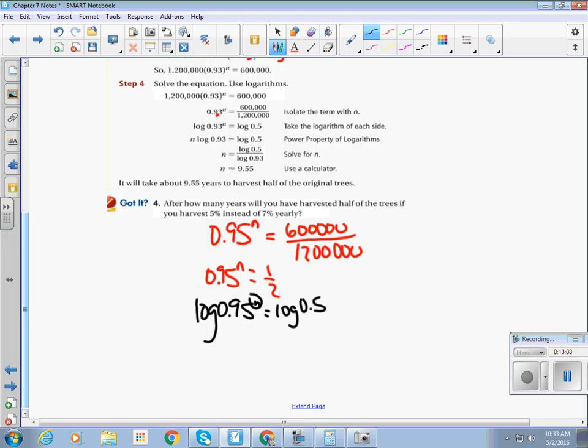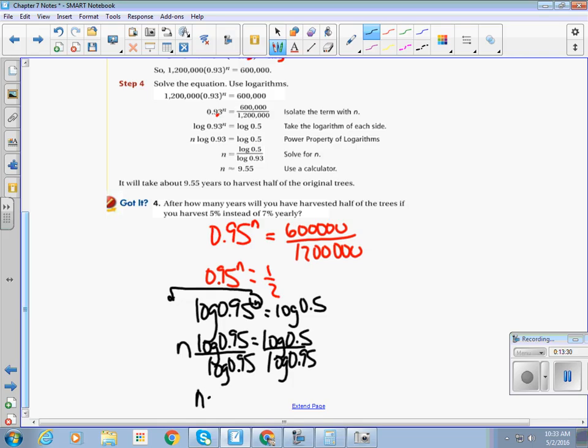The power property of logarithms says that if I have an exponent inside my log, I can write it as a coefficient out front. And then to get n by itself, I divide both sides by the log of 0.95. And then it's just a nice little chug on my calculator.